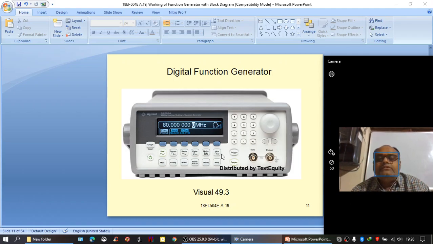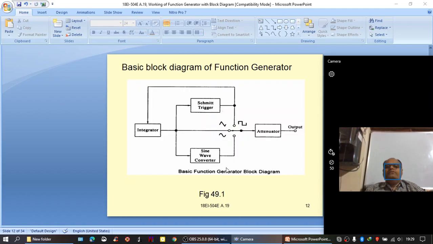Arbitrary waveform also can be generated, and some other provisions are also made in this. So that is about different commercially available function generators.